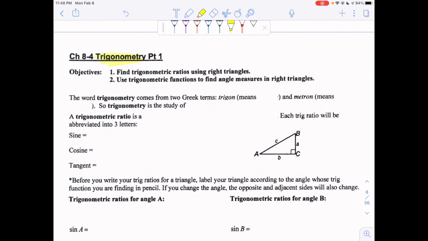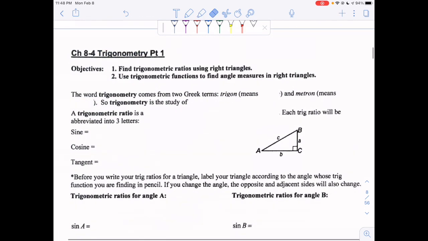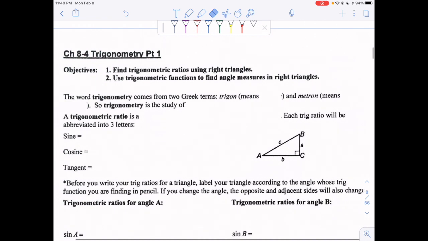No matter what your major is, trigonometry will always be there. So please know this is a huge foundation in your math career. So make sure you guys pay attention and really try to absorb these concepts here, because they will be popping up for the rest of your math career.